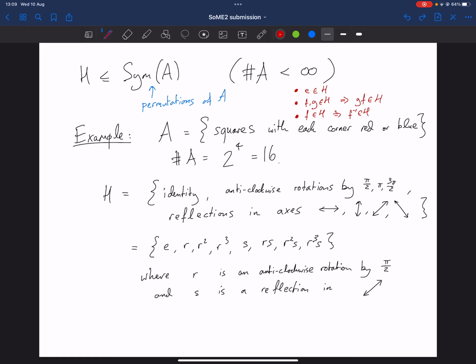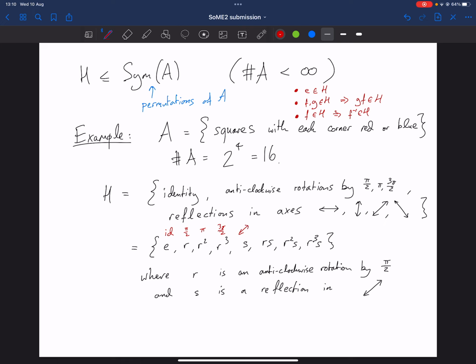Let's just go through exactly what the correspondence is between this description and the wordy description above. So this is the identity, this is a rotation by pi on 2, this is a rotation by pi, this is a rotation by 3 pi on 2. This is a reflection in this axis.